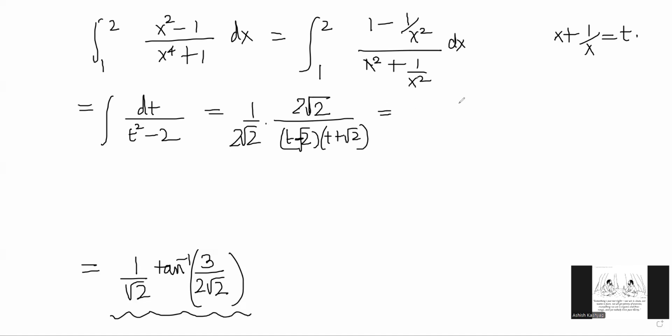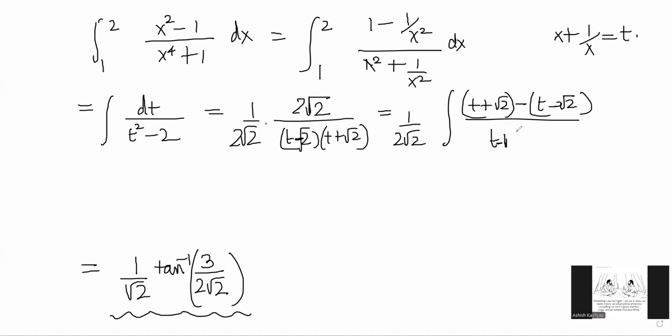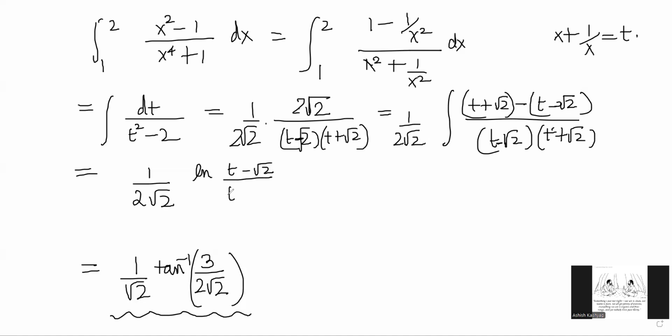And then I can write it as t plus root 2 minus t minus root 2, whole thing divided by 2 root 2, over t minus root 2 and t plus root 2. So basically I am splitting it into two different fractions. And what I end up with is 1 by 2 root 2 times the integral of 1 by t minus root 2 minus 1 by t plus root 2, so it will be ln of t minus root 2 by t plus root 2, right?